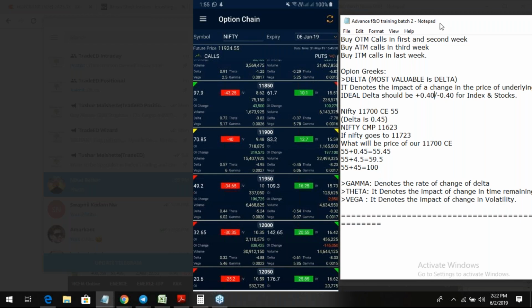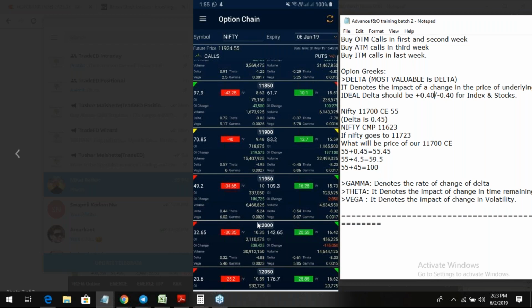Why are we saying this? Because if you want to earn premium quickly, then you have to buy at least this. Now see, if you buy the 11,900 call, what is the delta? 0.57. You can buy at 70 rupees premium, no issue. But if you don't have that much amount, you can still buy the 11,950 call because the delta is 0.44.